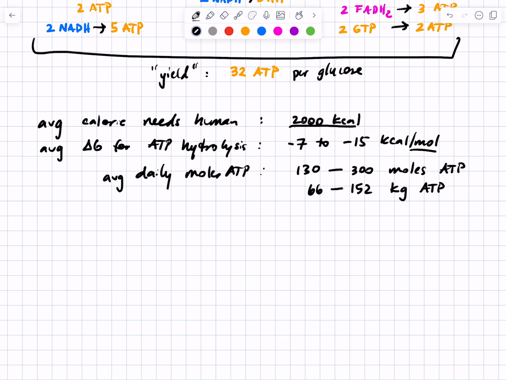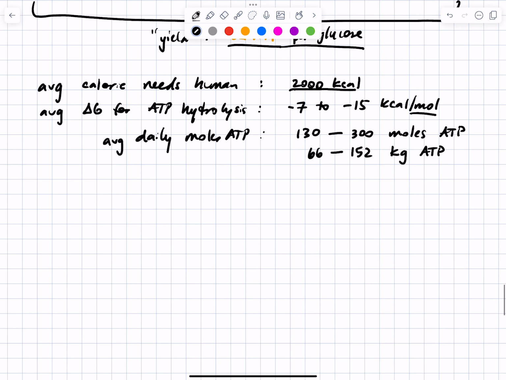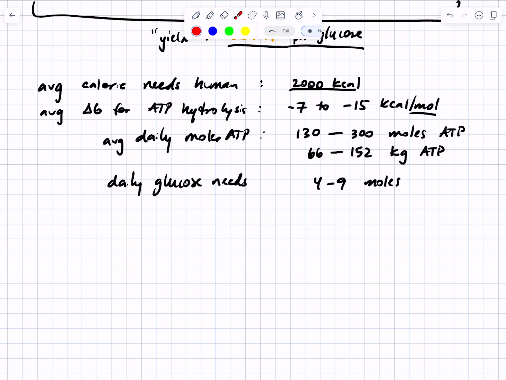But before we do that, just on this conversion of ATP per glucose, if all of the ATP you make came from glucose, and if you were going to gain your nutrition by spooning glucose into your mouth, glucose and only glucose, which is like yuck, but suppose you're on the opposite of a sugar cleanse, a sugar exclusive diet or something like that, your daily glucose needs would be between 4 and 9 moles of glucose, just dividing these numbers here by 32.